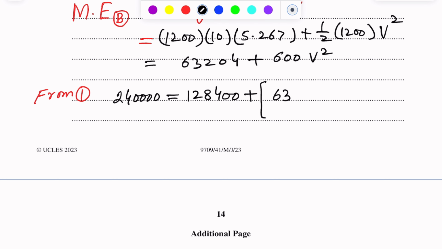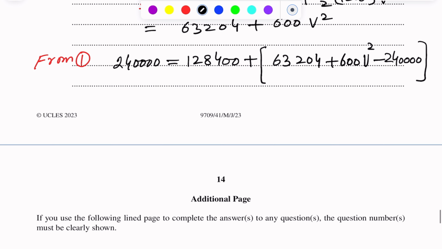Final mechanical energy is 63204 plus 600 V square, minus initial mechanical energy, 240000. Simplifying, on the right side we get 600 V square minus 48396.